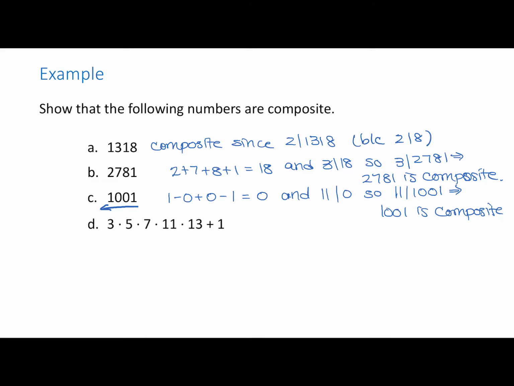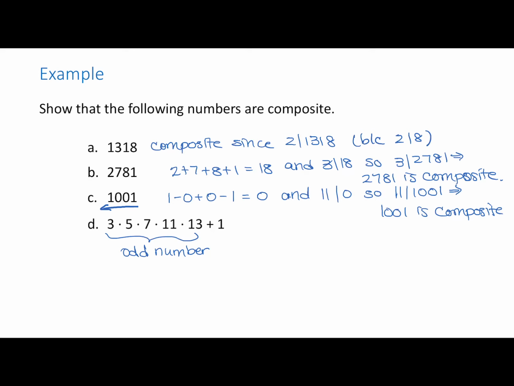What about this last number? It looks a little more complicated. I've got 3 times 5 times 7 times 11 times 13 plus 1. What could you tell me about this product here? I'm multiplying a bunch of odd numbers. Anytime I multiply an odd times an odd, I'm going to get another odd value. So I don't know what it is, but it is an odd number. So what I have is an odd number plus 1.